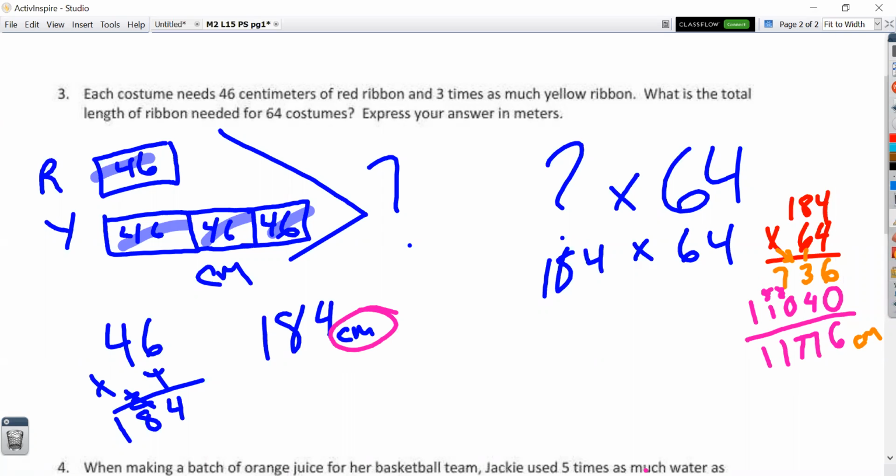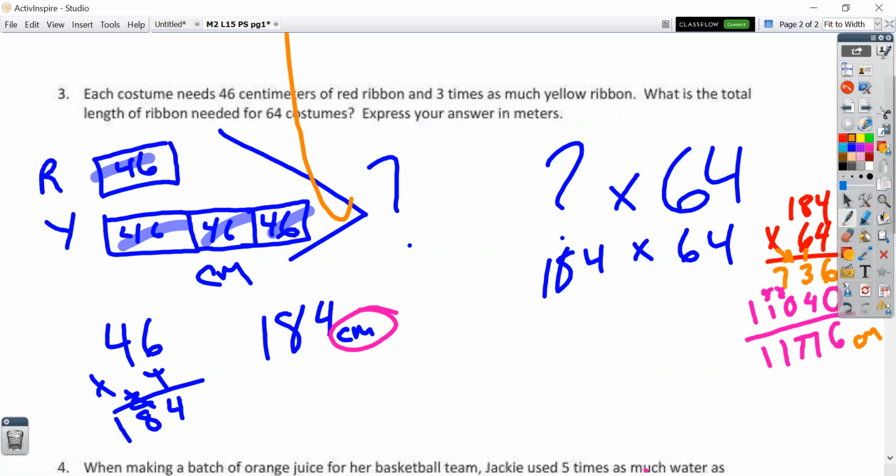Now, you'd think we'd be done already, but this is 5th grade math, so there's lots of steps. We got to make sure we read the question and make sure we've done it. So each costume needs 46 centimeters of red ribbon and 3 times as much yellow ribbon. What is the total length of ribbon needed for all 64 costumes? We know how many centimeters it is, but then it says right here, express your answer in meters. Okay, so centimeters to meters.